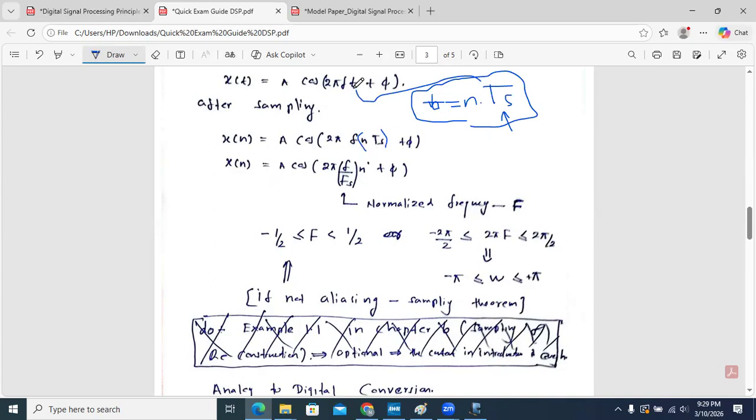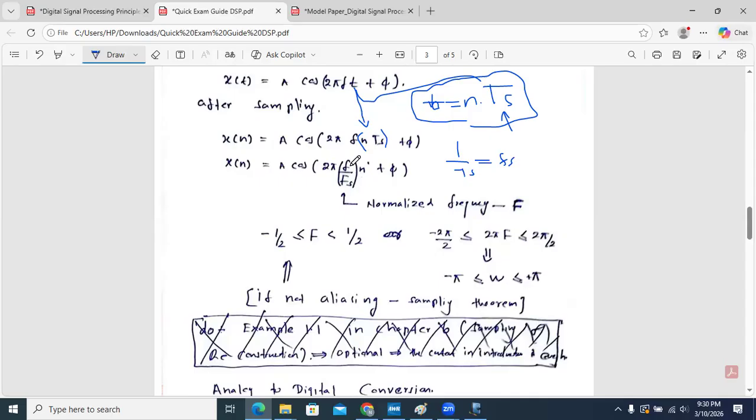So t is replaced by nTs. Actually, t is equal to nTs. Ts is 1 over the sampling frequency, so instead of Ts you can put 1 over Fs.